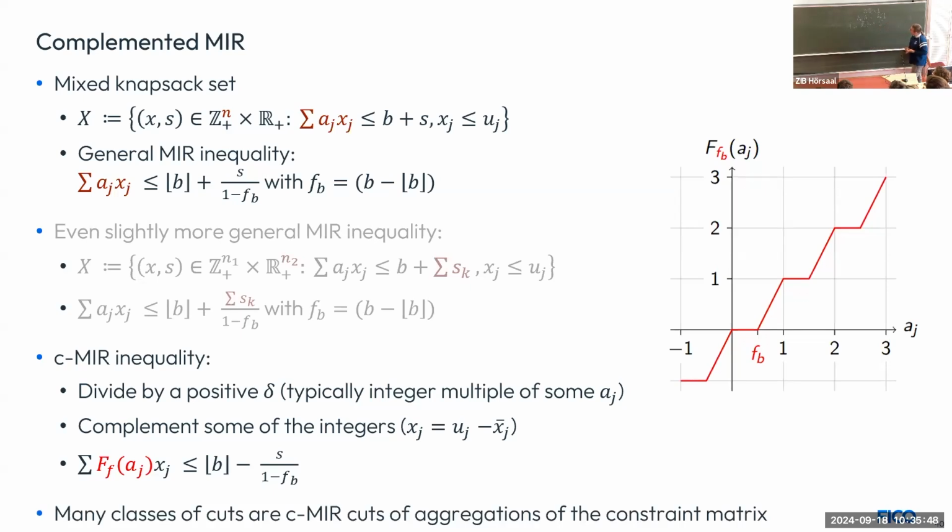So generally, many classes of cuts are in effect complemented mixed integer rounding cuts of aggregations of the constraint matrix. We won't cover things like multi-commodity flow cuts, for example, but also there for a multi-commodity flow problem, you can take the huge amount of constraints that would model this and aggregate them in a prescribed way. There's an algorithm that suggests how to aggregate them to a single inequality, and then derive a MIR cut from that.